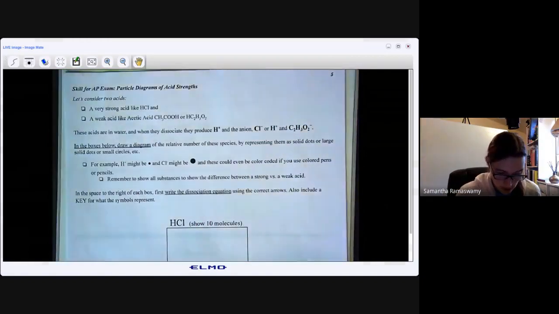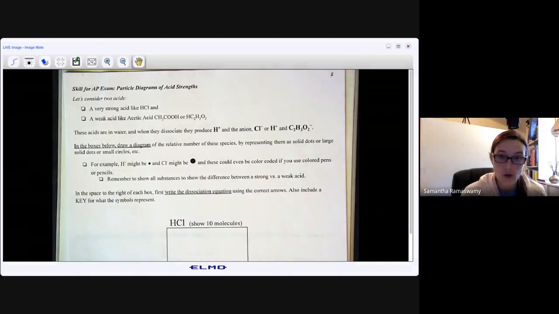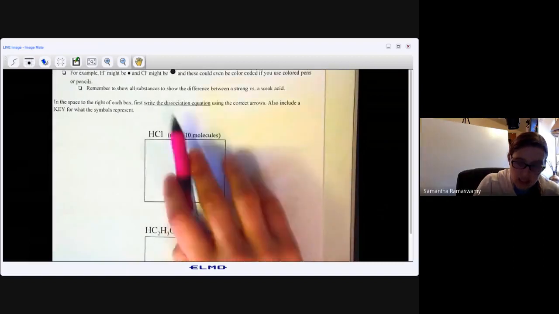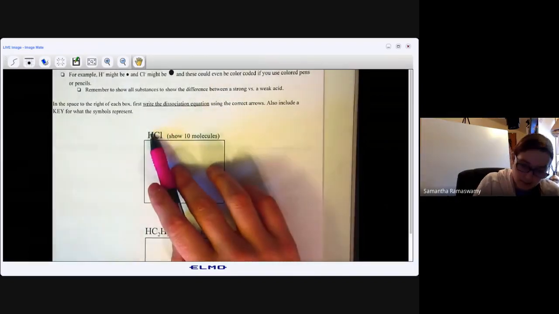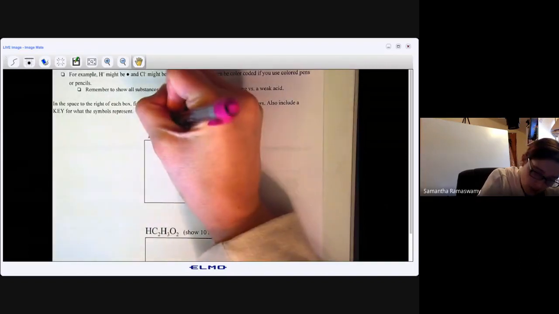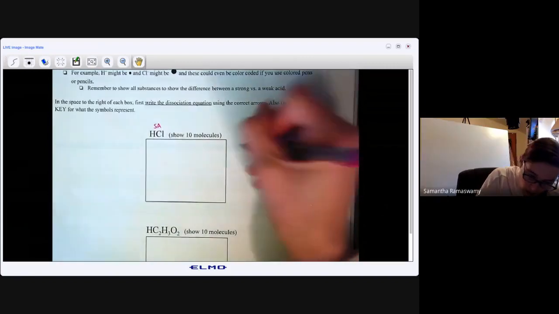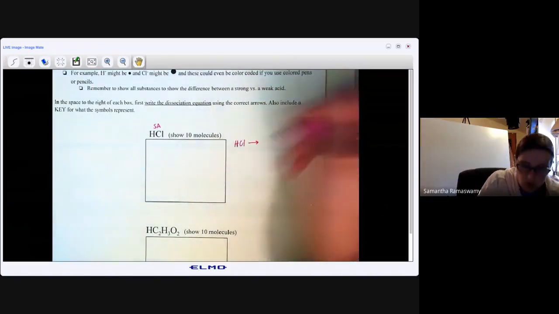Then it says in the space to the right, first write the dissociation equation using the correct arrows. So over here, I'm going to start by writing the dissociation equation. Up above HCl, I'm going to label that a strong acid. I know that HCl is a strong acid, so I'm going to write HCl, and because it's a strong acid, it has a single arrow.